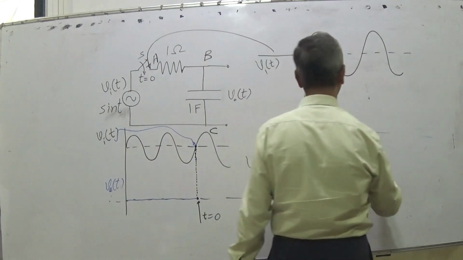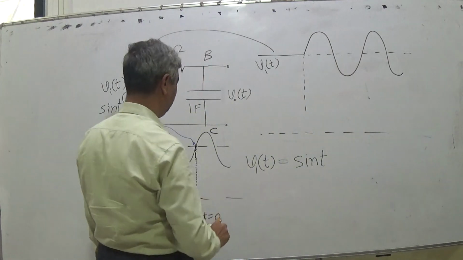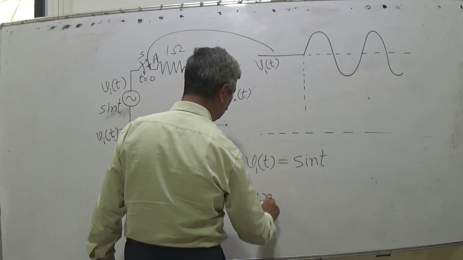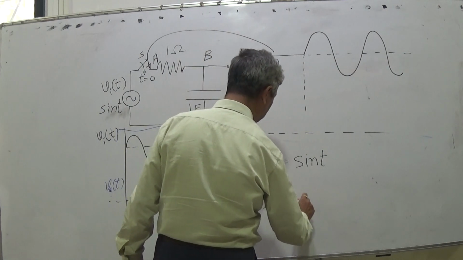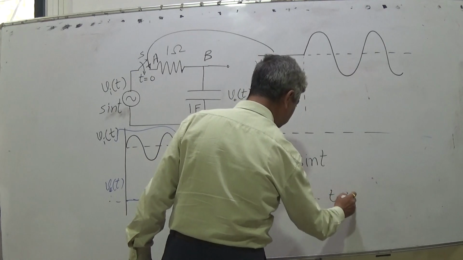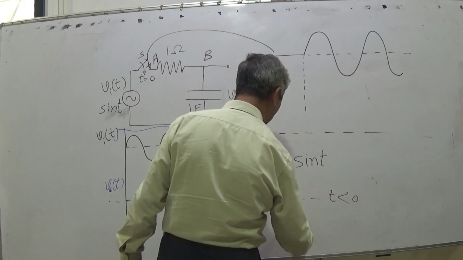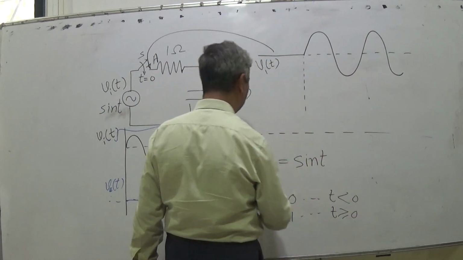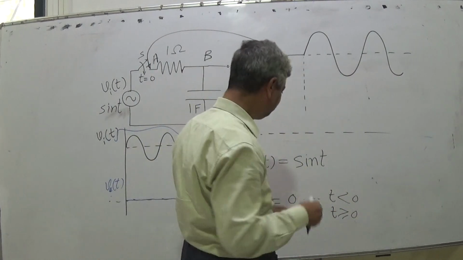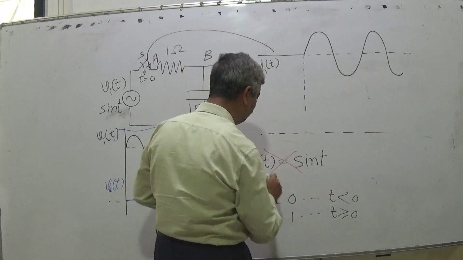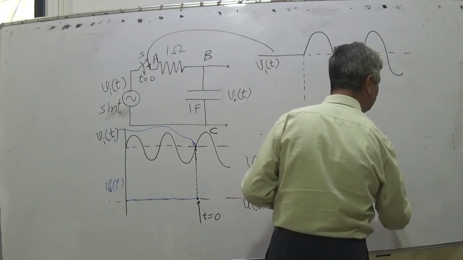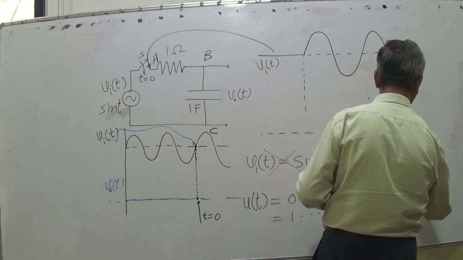So a new signal, named u(t), is equal to 0 for t less than 0, and u(t) is equal to 1 for t greater than or equal to 0. So Vin(t) is not sin t, but Vin(t) is equal to u(t) sin t.